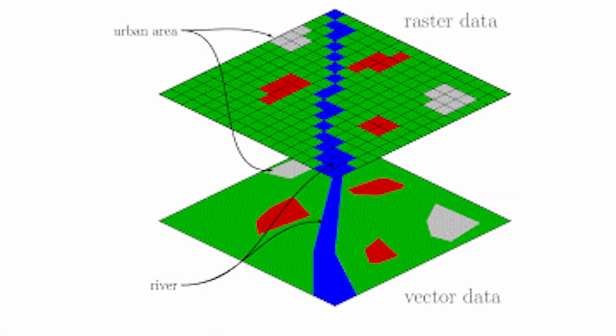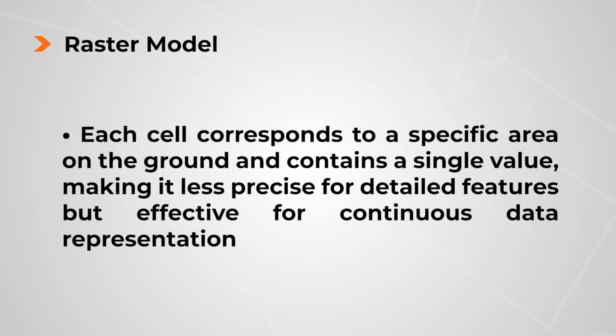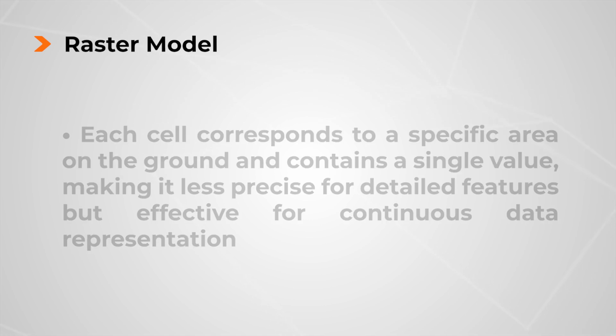On the other hand, the raster data model represents geographic information as a grid of cells or pixels where each cell has a value that represents information such as color, temperature or land cover, etc. Each cell corresponds to a specific area on the ground and contains a single value, making it less precise for detailed features but effective for continuous data representation.